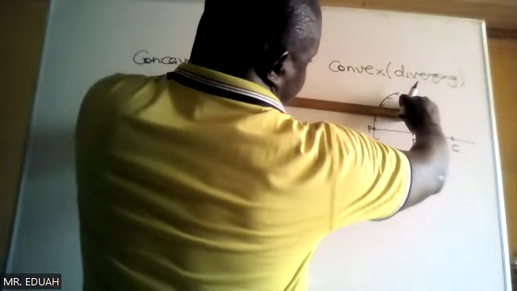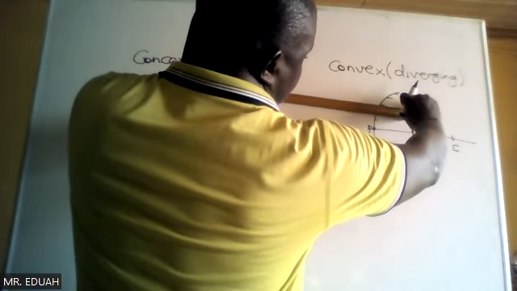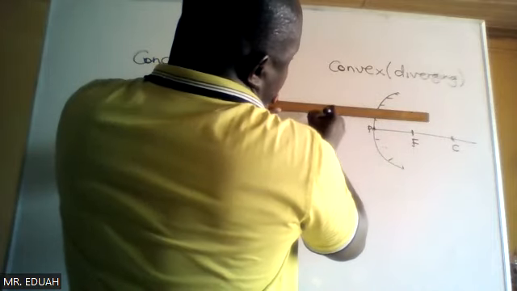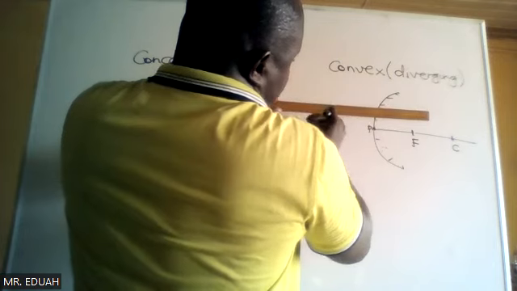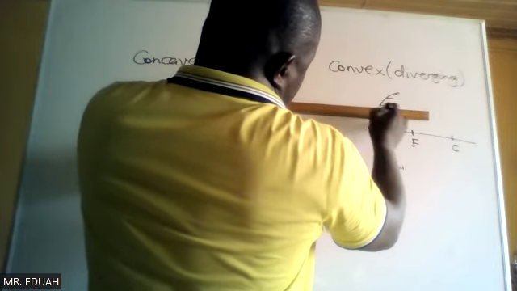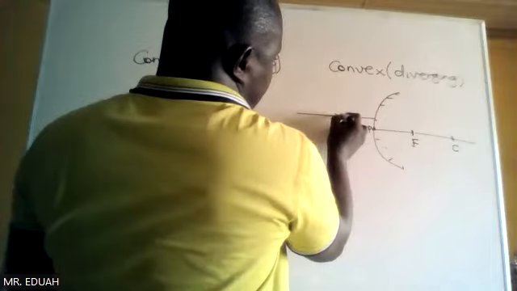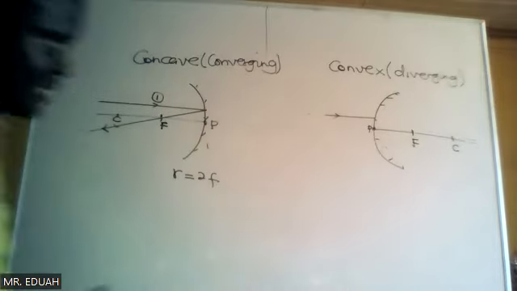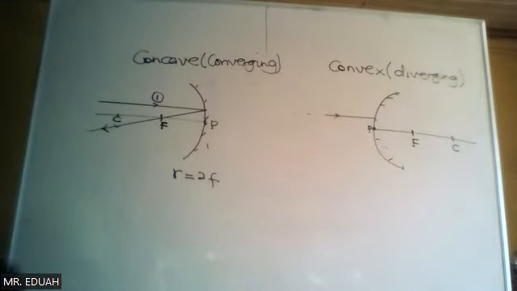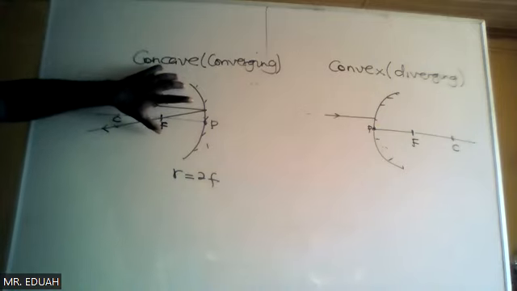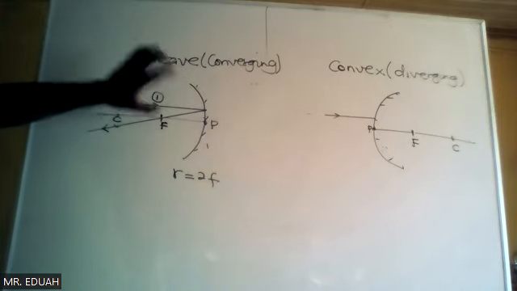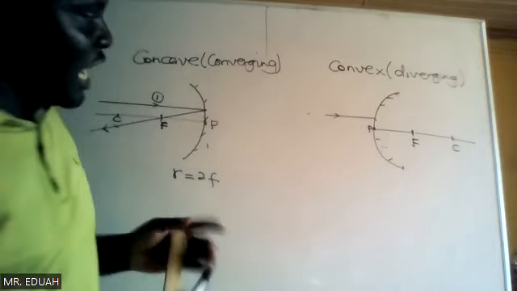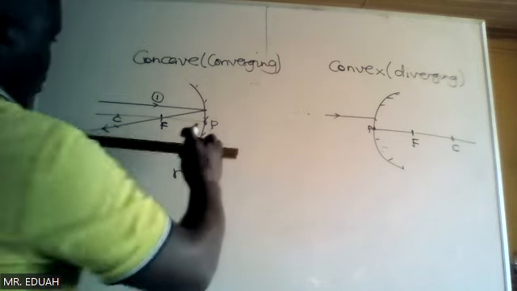Two, a ray of light parallel to the principal axis. You see, this one converges parallel rays, and this one also diverges. So if we have, let me draw it for two rays.